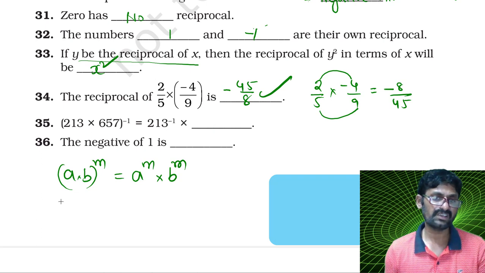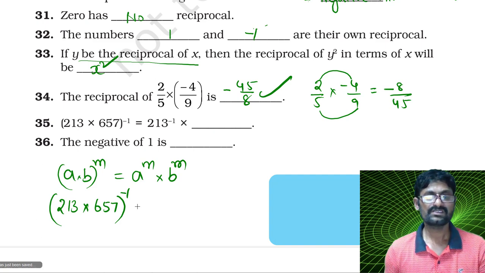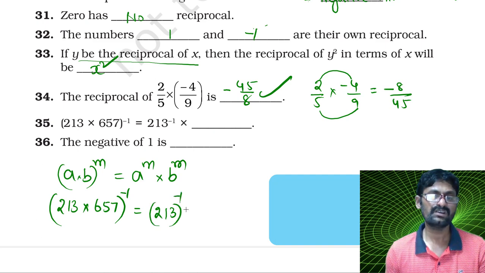Now in the place of a, let us take 213, and in the place of b, let us take 657. And in the place of m, let us take negative 1. So this will be equal to a to the power of m, that means 213 to the power of negative 1, times b to the power of m, that means 657 whole to the power of negative 1.